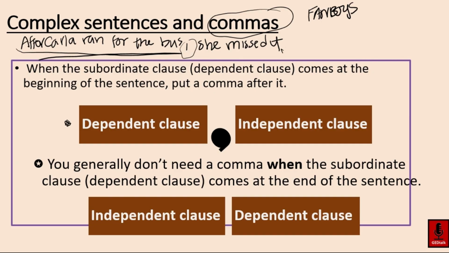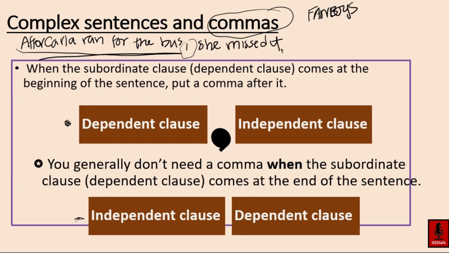So the rule is when your dependent clause leads the complex sentence, you need to make sure you have a comma and then you introduce the independent clause. So if you're like, well, what if the independent clause starts off the sentence and then the dependent clause? You don't need a comma, folks. So if the sentence that we have, Carla missed the bus after she ran for it, there is no need for a comma.